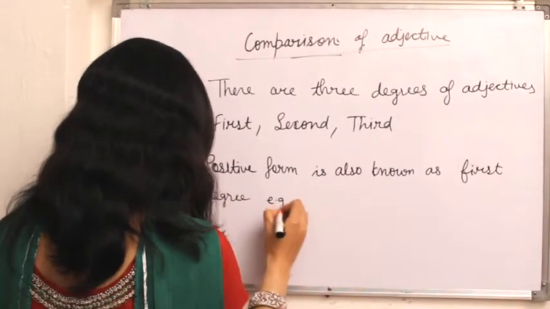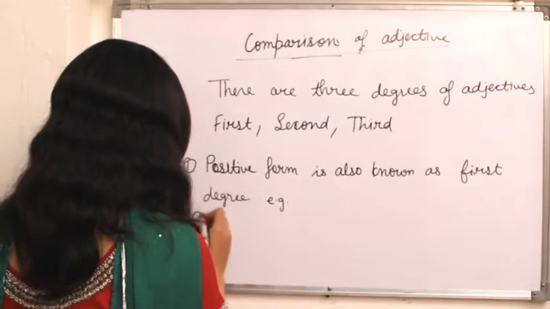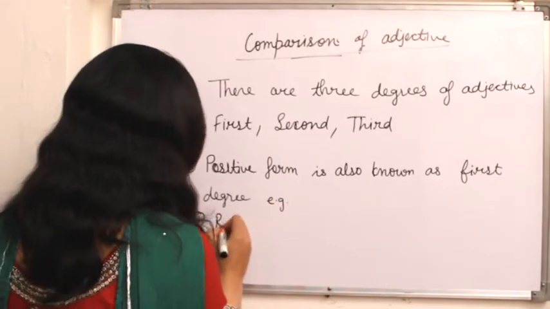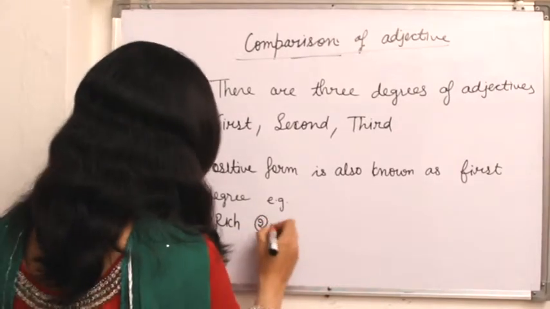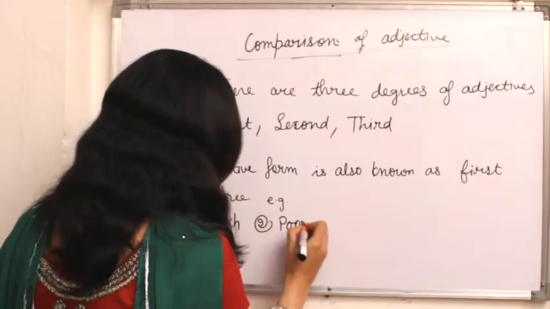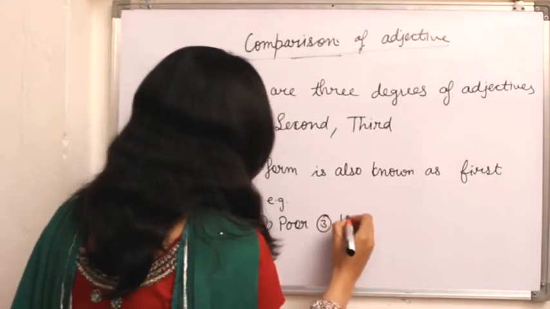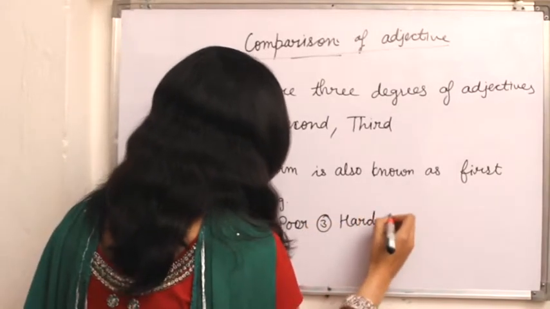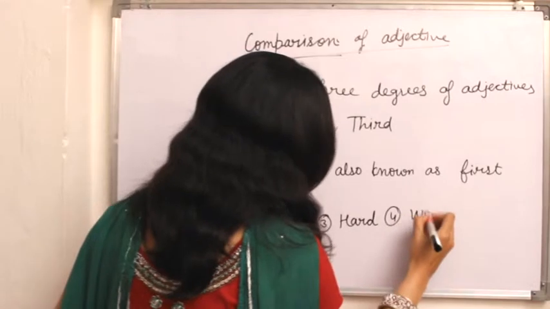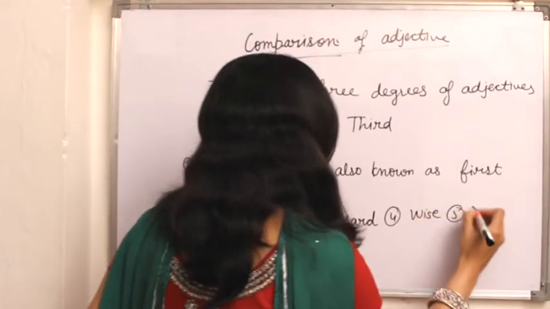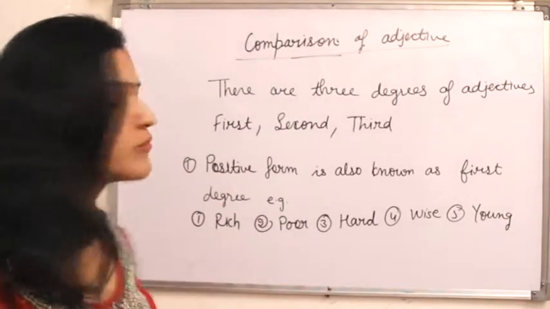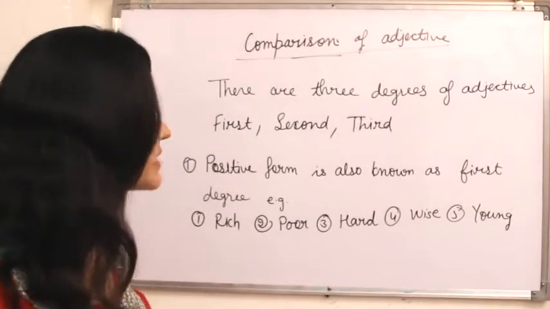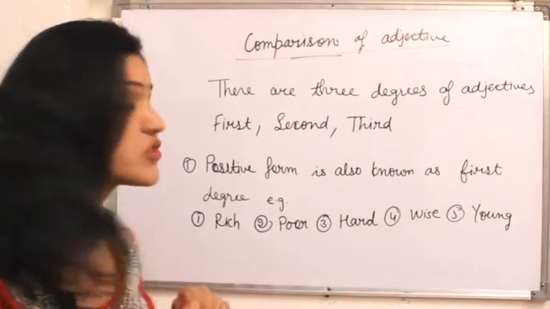For example, here I write rich, poor, hard, wise, and at the last young. So here I write positive form. It means it is also known as first degree.